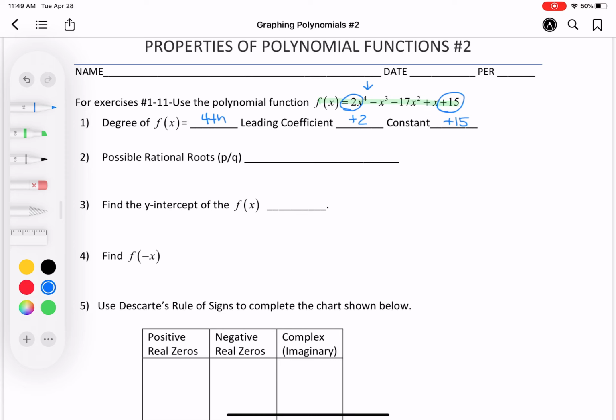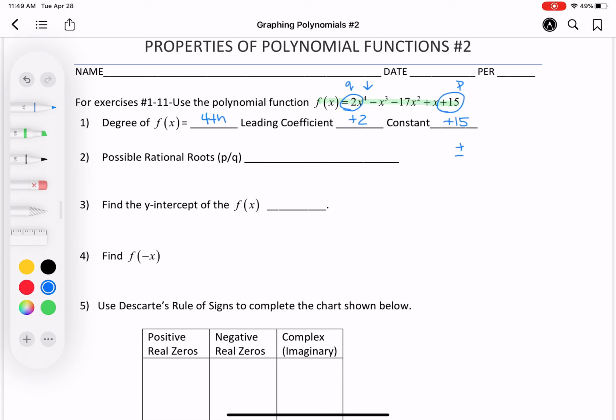Okay, so now we're going to go over what the possible rational roots are, which is p over q. All right, our p here is our constant, which is 15. And our q is our leading coefficient. Okay, so we're going to list the factors that make 15.